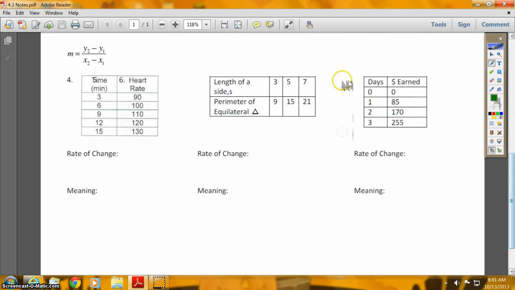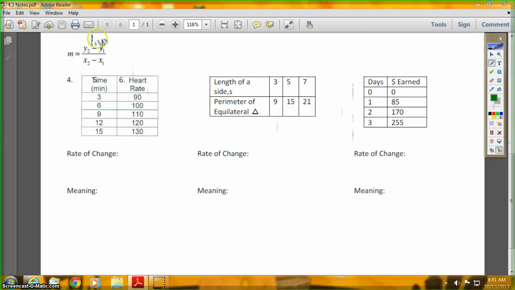Going back to our slope formula, y2 minus y1 over x2 minus x1 and working with the tables and finding the slope and the meaning. Slope also means the rate of change. So here again, you can take any 2 points, and again, since we have points, we want to label them. I think I'm just going to take the first two. So this is going to be my x1, this is going to be my y1, this is going to be my x2, this is going to be my y2, and I'm going to plug them into y2 minus y1 over x2 minus x1.